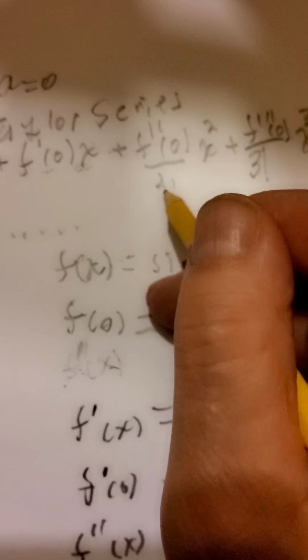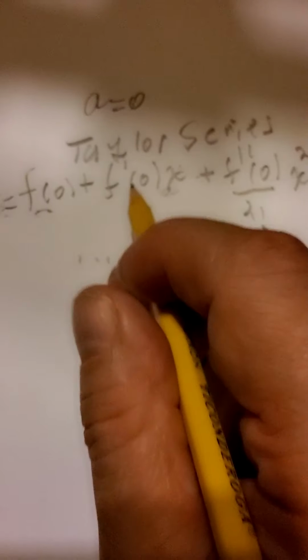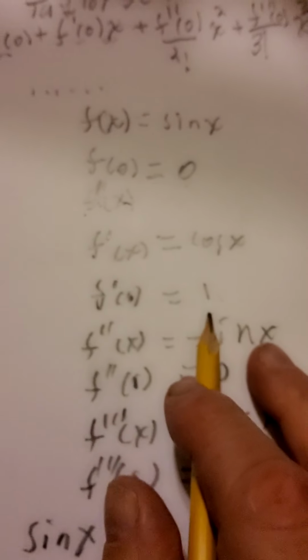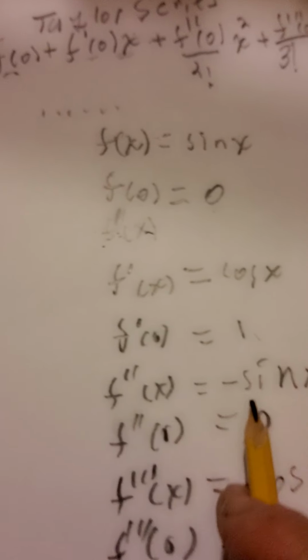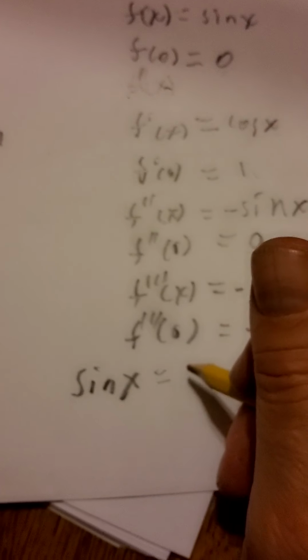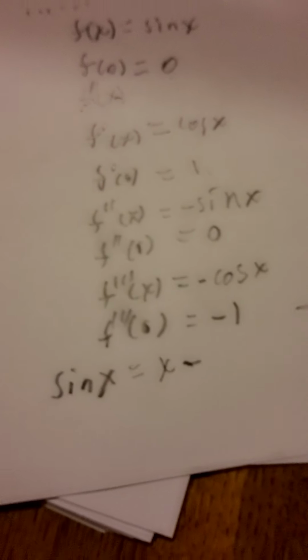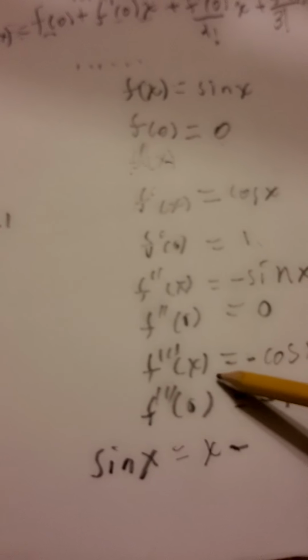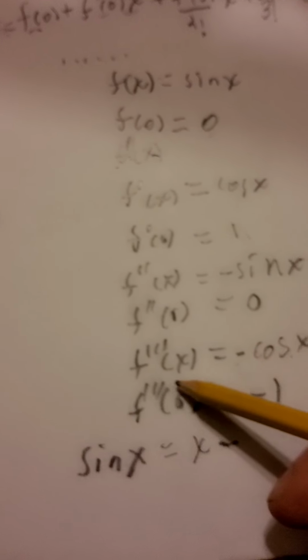f of 0 is 0. f prime of 0 is 1 because the cosine of 0 is 1. So f prime of x equals cosine, and cosine of 0 is 1, so I just have my x left over. Minus, well, when I take the triple prime, I get a negative cosine. That's why it's minus. See what I'm saying?